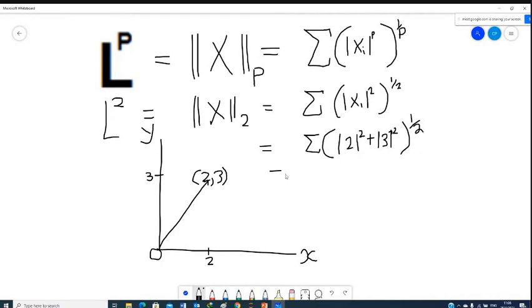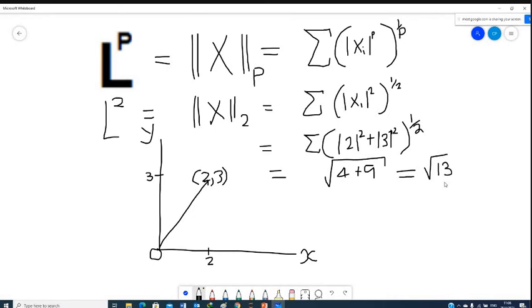So this is then equal to 4 plus 9, the square root of this, which is equal to the square root of 13.